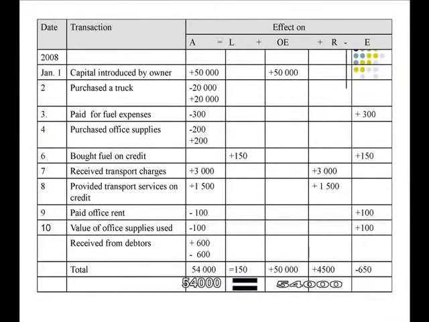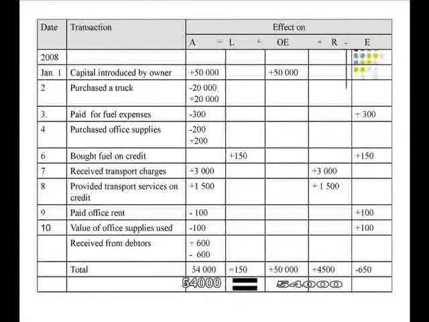So here we include revenue and expenses. Then we'll see how we record these transactions in this format. Assets equals liabilities plus owner's equity plus revenue minus expenses.